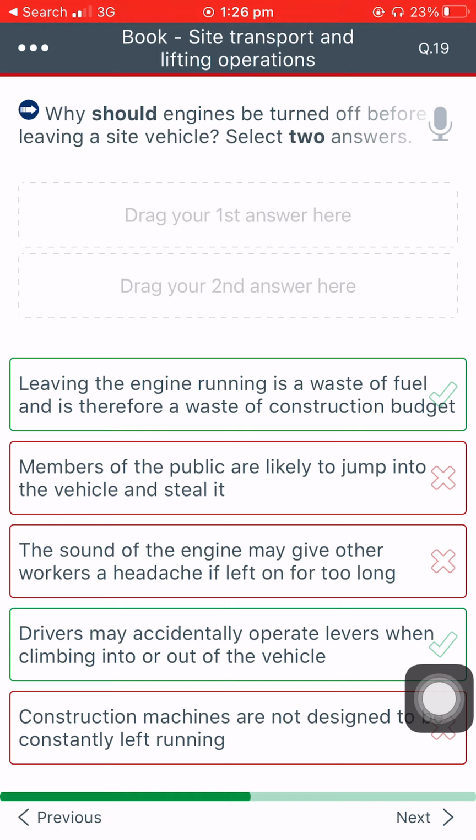Why should engines be turned off before leaving a site vehicle? Select 2 answers. Leaving the engine running is a waste of fuel and is therefore a waste of construction budget.